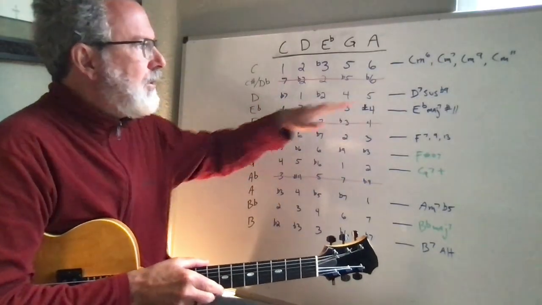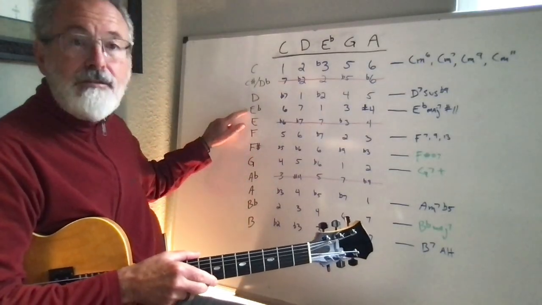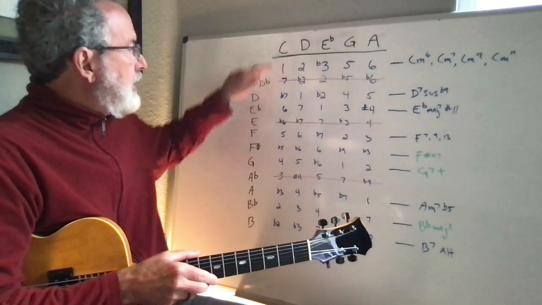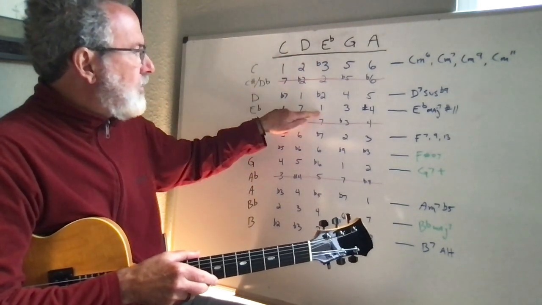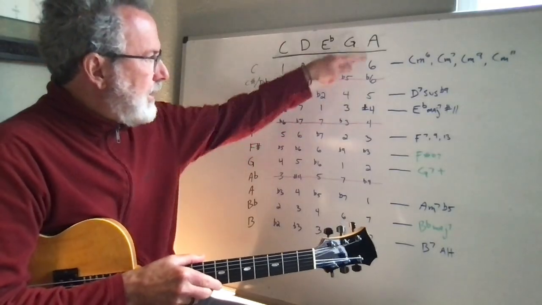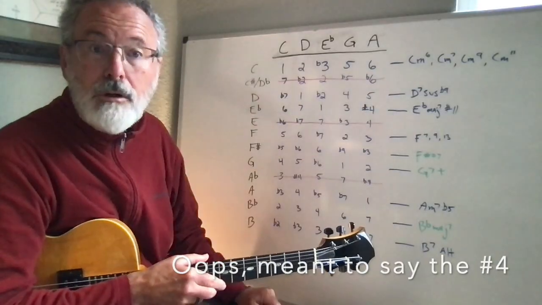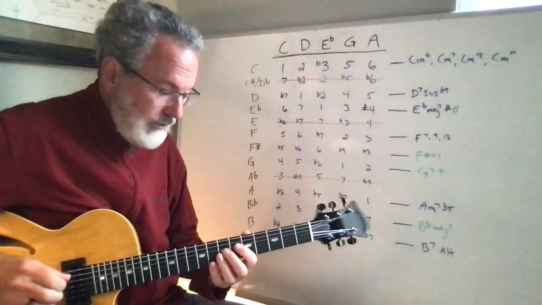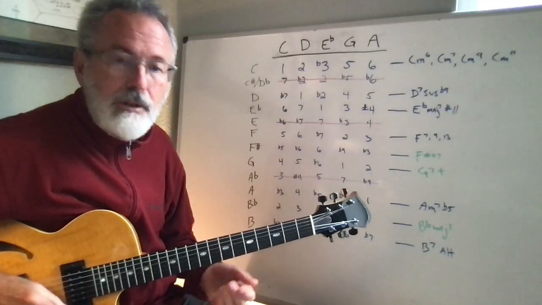So continuing, we'll take one more example. If E flat was the root, C would be the sixth, D would be the seventh, E flat, of course, is the root, G is the third, A is the perfect fourth. Well, these intervals work great over an E flat major 7 sharp 11. Here's an E flat major 7 sharp 11 chord.